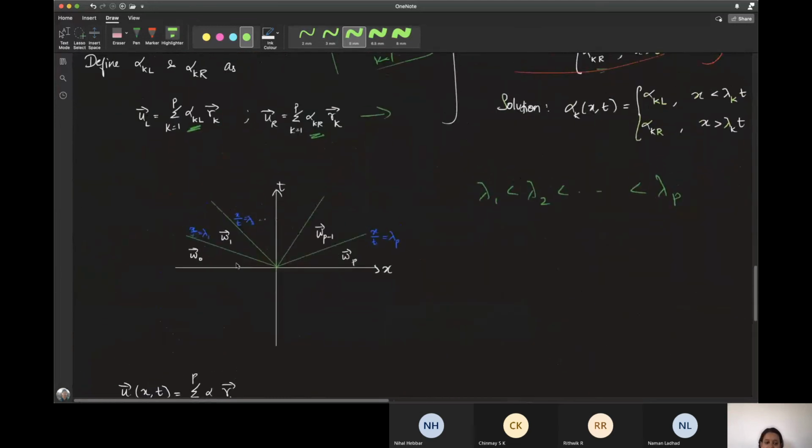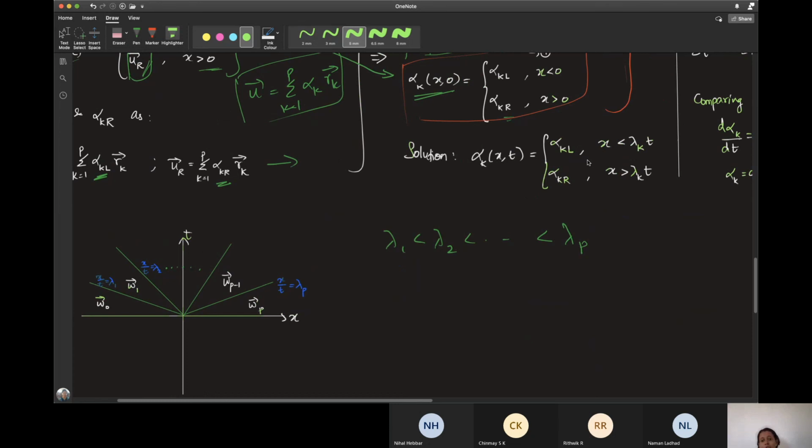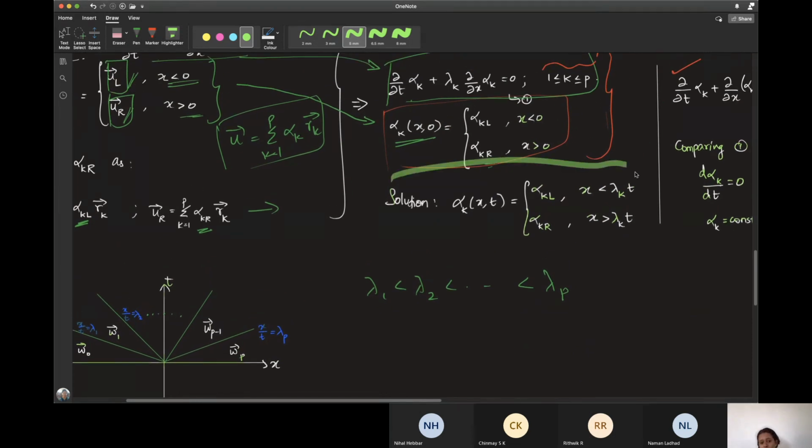Similarly, for each of these, to the left of this line, in this region you have alpha 1 equals alpha 1l, whereas in this whole region, you'll have alpha 1 equals alpha 1r. Similarly, here alpha 2 will be alpha 2l, here alpha 2 will be alpha 2r. It goes on like this. You have different solutions for each of these equations.